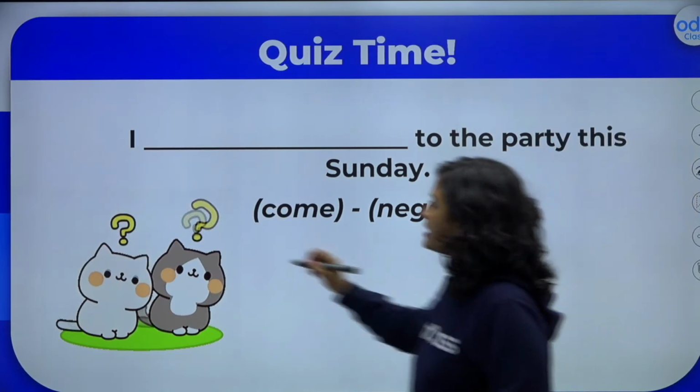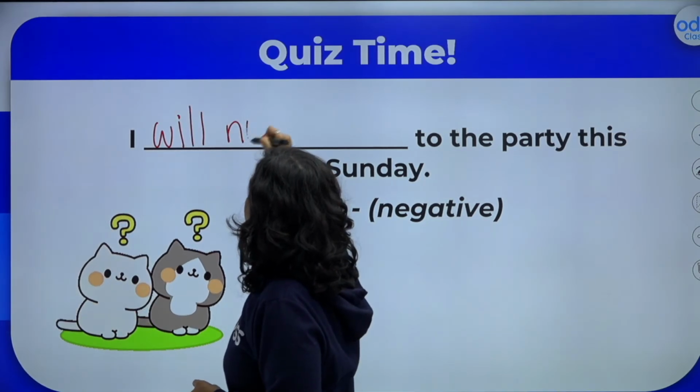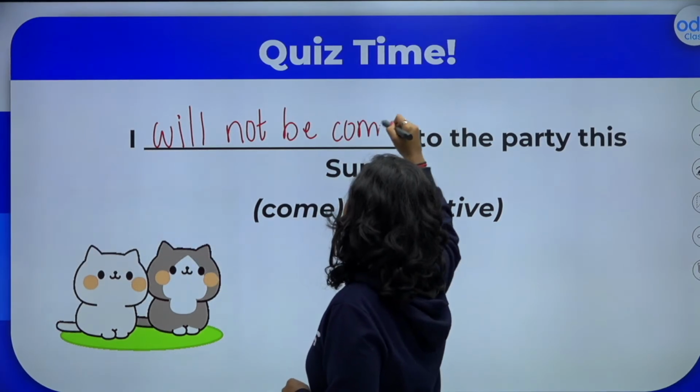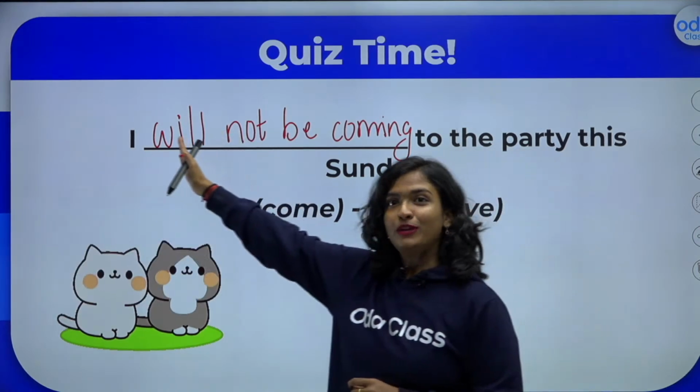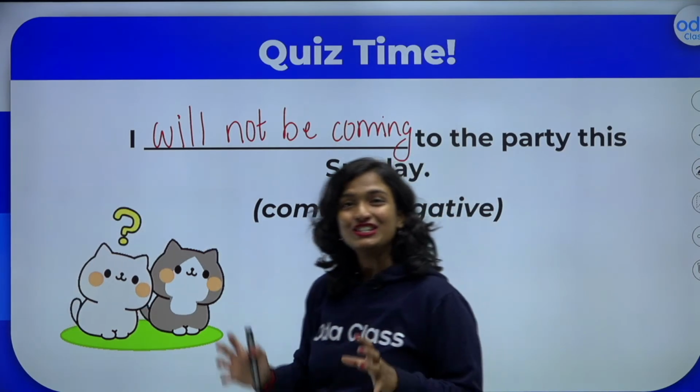Now, here kids, I will say, I will not be coming. Remember, subject followed by the helping verb, followed by not, then be, and then the ing form.